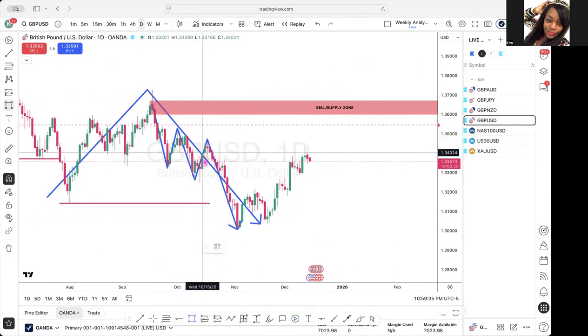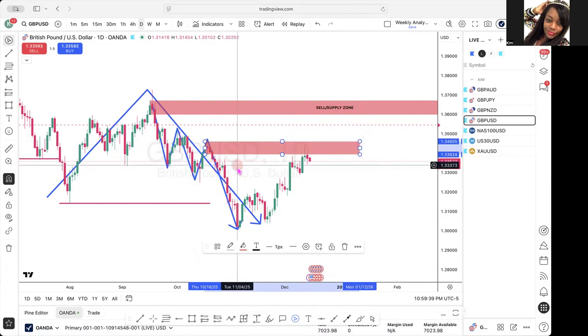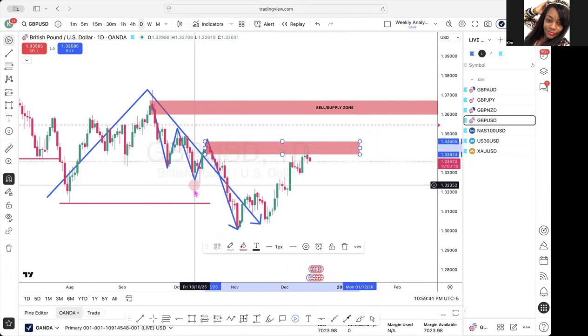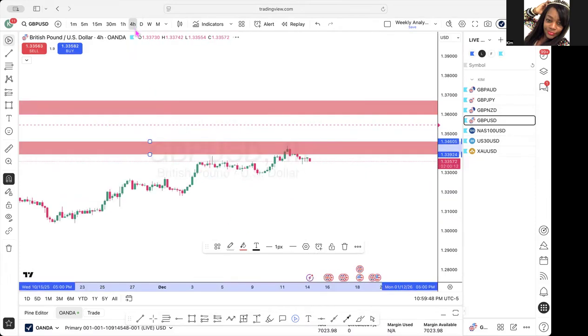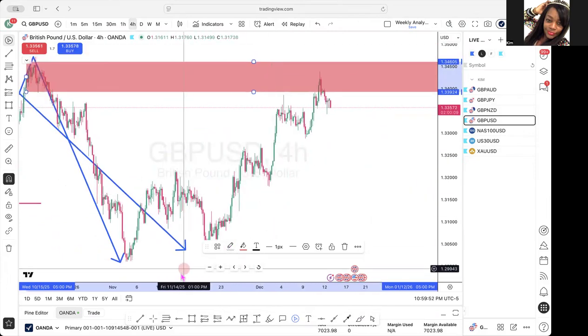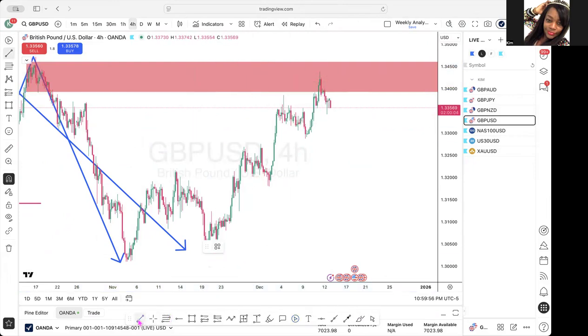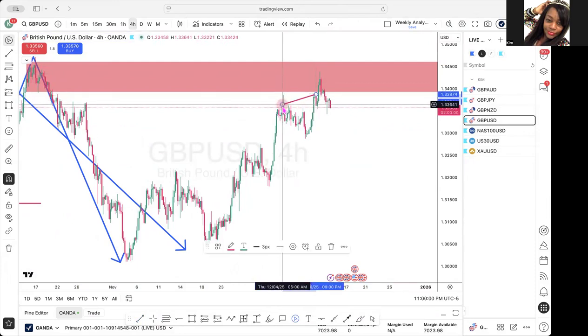So I'm also going to mark up this current supply zone, since this is the leg of structure that we're in. Price has tapped this zone. Let's go to the 4-hour. On the 4-hour, price tapped into the zone. Here's my 4-hour structure. If I can get it.